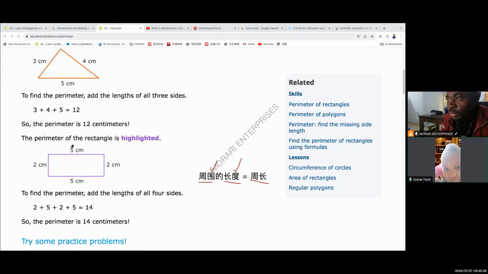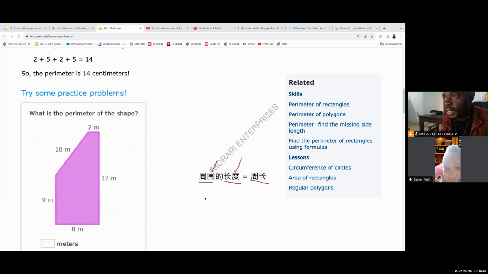Because it's a rectangle, the top and the bottom sides have the same length, and the left side and the right side also have the same length. So this one is called a rectangle: upright, rectilinear, straight. Both sides are parallel.